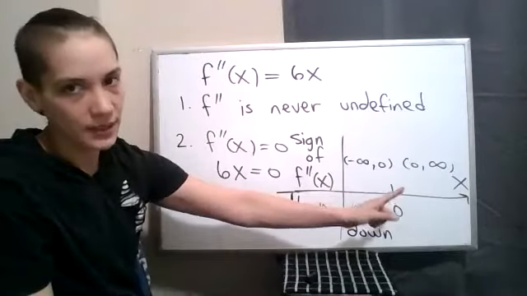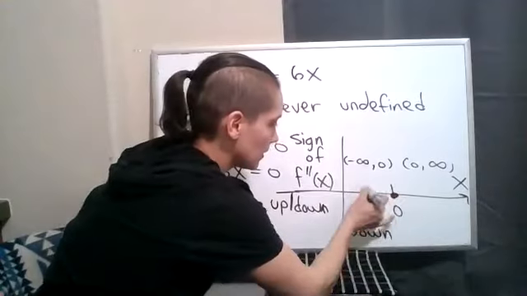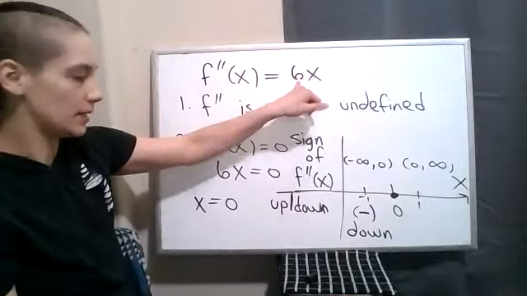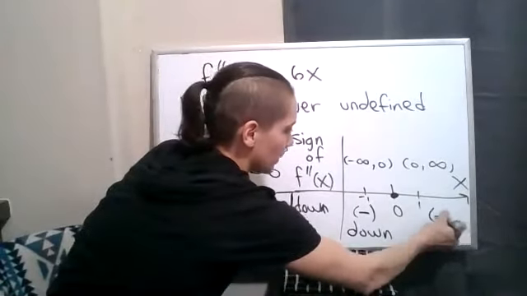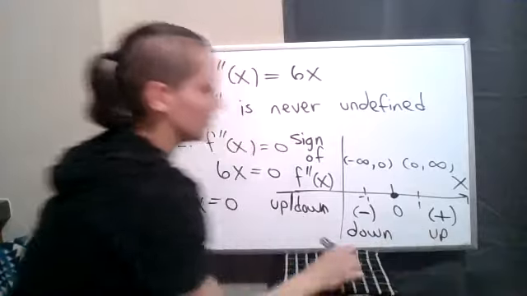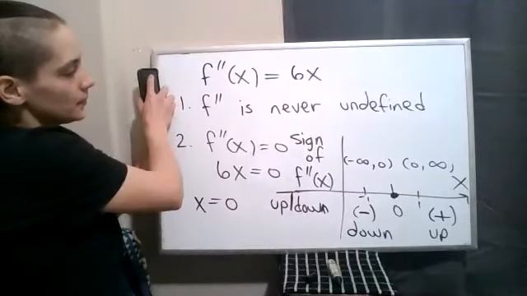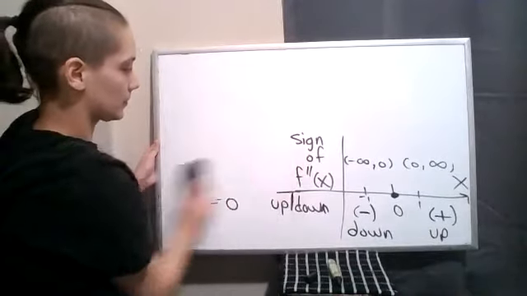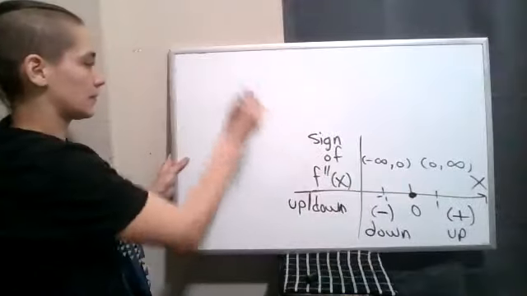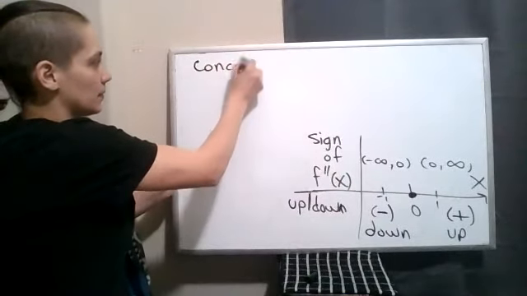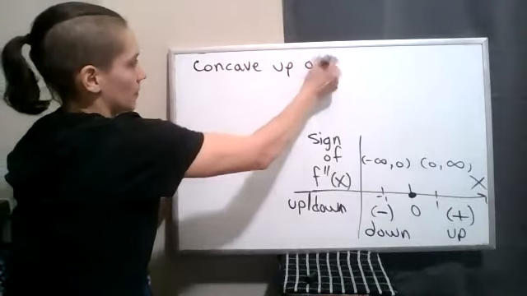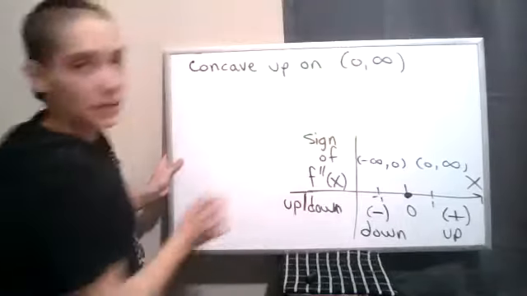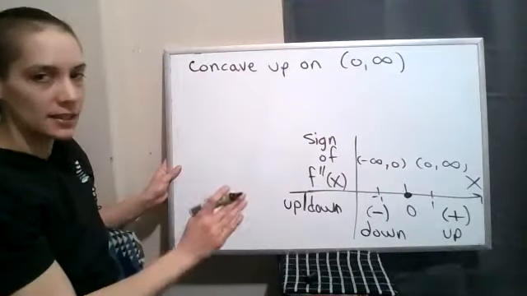If you pick +1, 1 times 6 is 6, which is positive. And we're concave up. Okay, concave up from 0 to infinity. Concave down from negative infinity to 0.